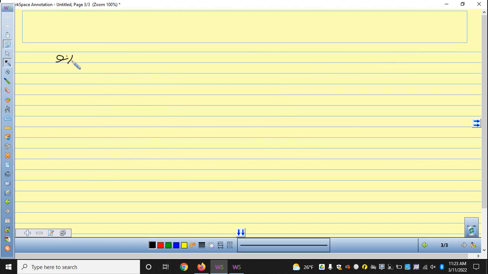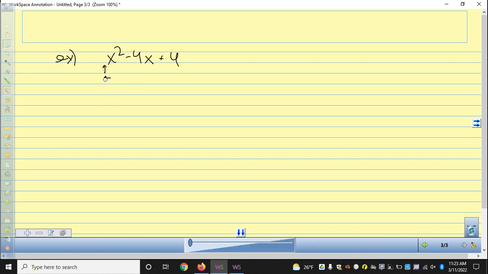All right, let's look at another one. x squared minus 4x plus 4. Here we're going to start our graph by doing the stuff we've talked about the last couple of days. This is A, this is B, this is C. Negative B over 2A is going to be the x-coordinate of my vertex.